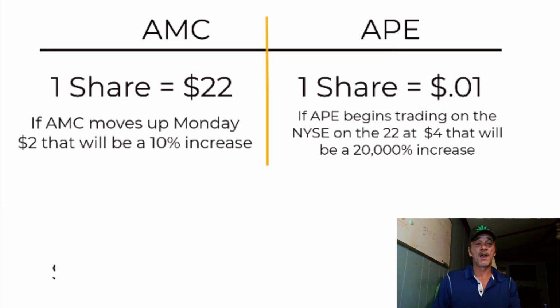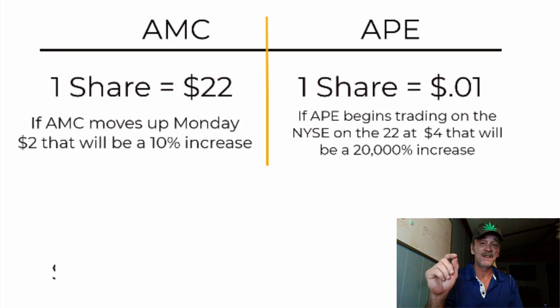On Monday the 22nd, you have one share of APE, and it begins trading on the New York Stock Exchange for $4 a share. That will be a 20,000% increase. Do you understand that? If AMC goes up $2, that's 10%.